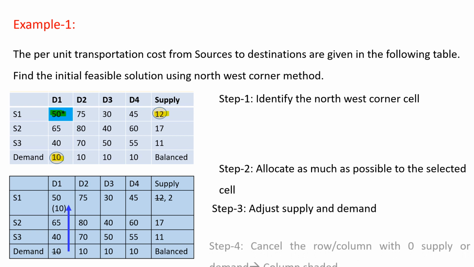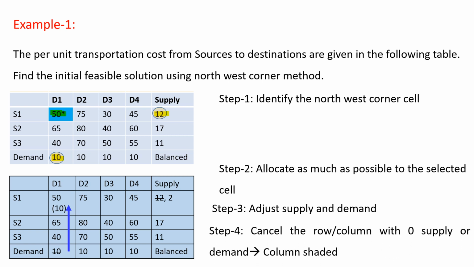The next task is to cancel out the row or column with zero supply or zero demand. This column has already zero demand, so we cancel it. Then we repeat the steps once again.